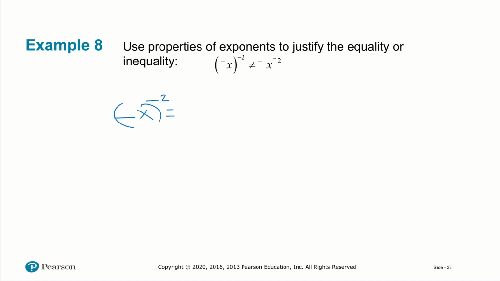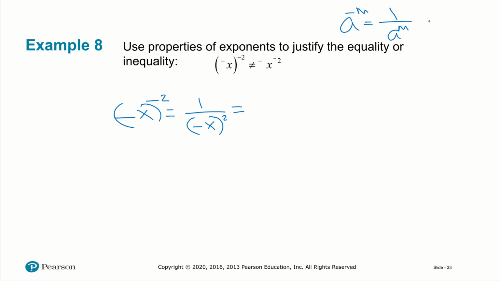Now, remember the rule that said a to the negative m equals 1 over a to the m, right? The negative exponent rule. So we know that this is going to be 1 over negative x, and the only thing that changes, notice a stays the same, so the base doesn't change. The only thing that changes is the sign of the exponent, right? So that becomes a 2 down below.